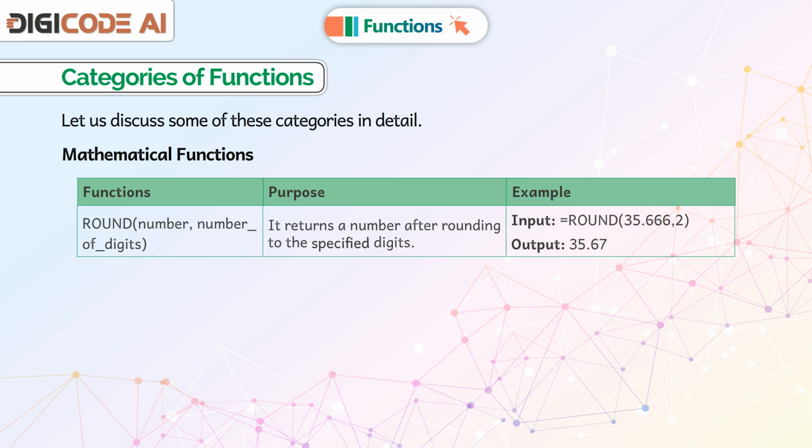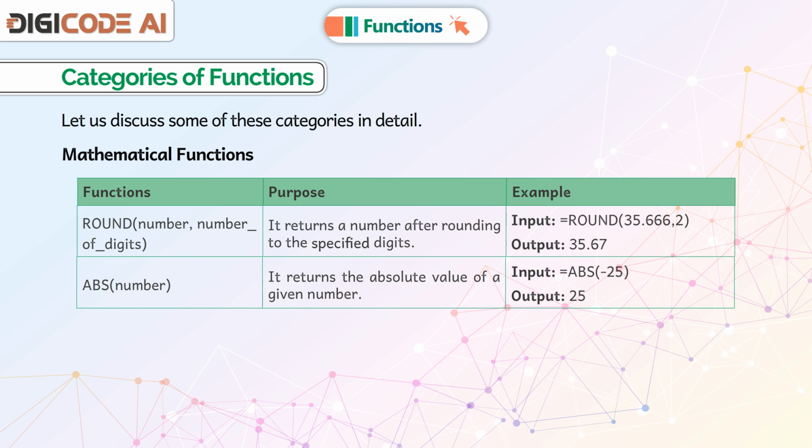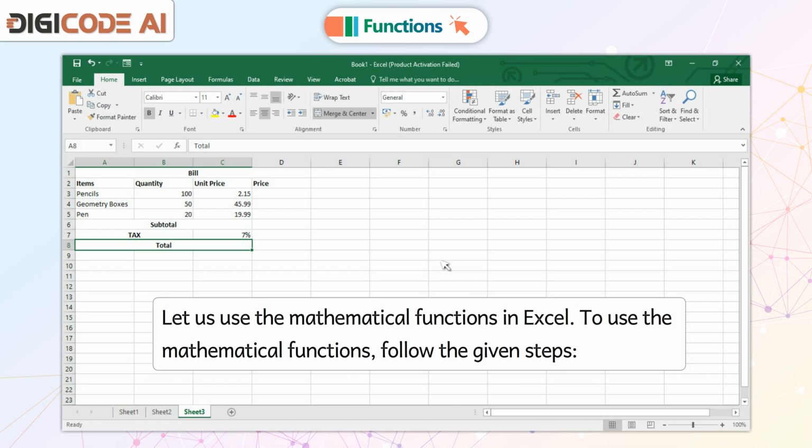Input: =ROUND(35.666, 2). Output: 35.67. ABS(number). It returns the absolute value of a given number. Input: =ABS(-25). Output: 25. Let us use the mathematical functions in Excel.